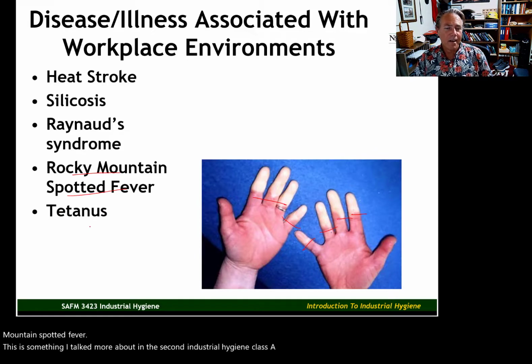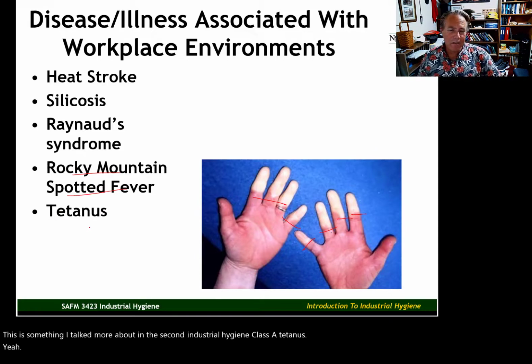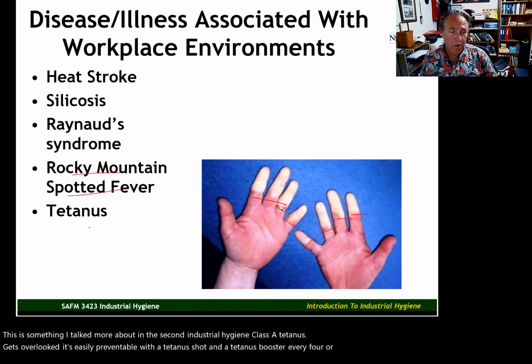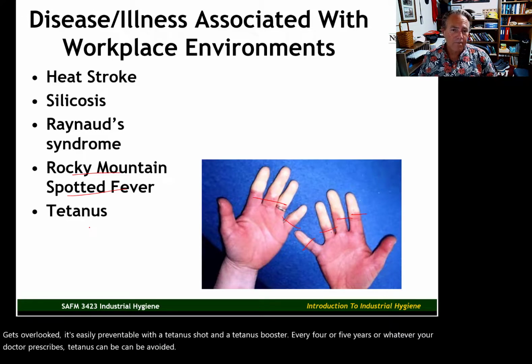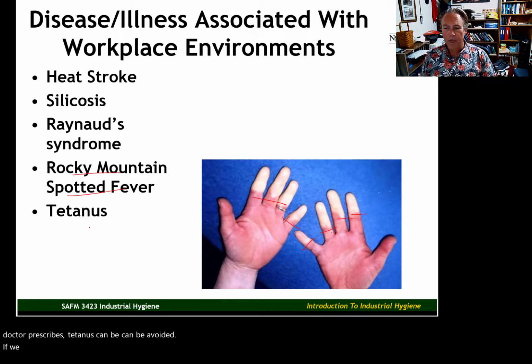Tetanus gets overlooked. It's easily preventable with a tetanus shot and a tetanus booster every 4 or 5 years, or whatever your doctor prescribes. Tetanus can be avoided. If we have workers that work outdoors, they're exposed to the soil. That's where the tetanus bacteria lives.